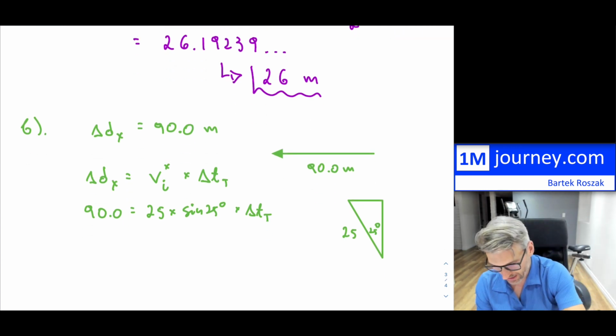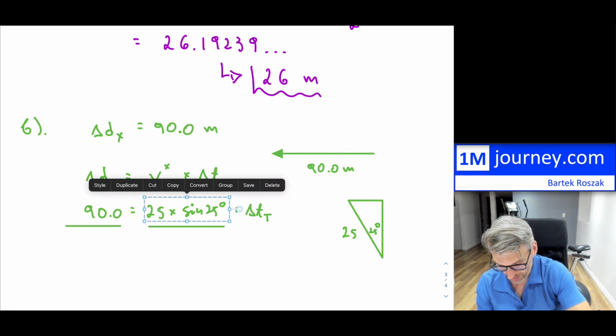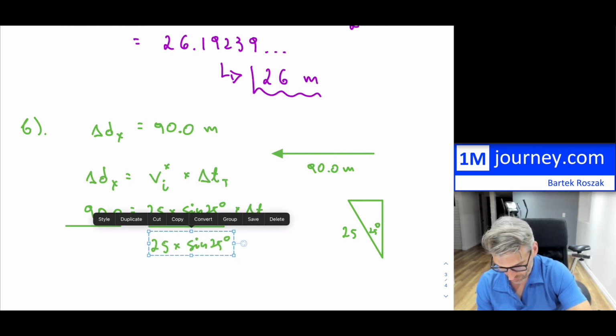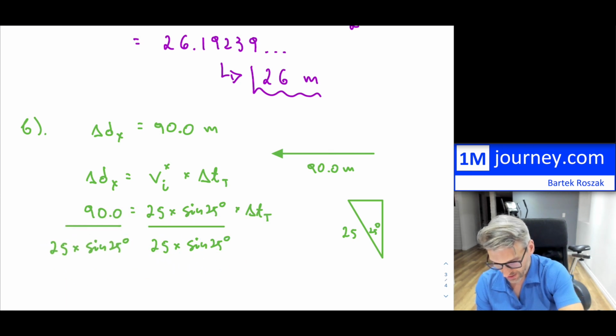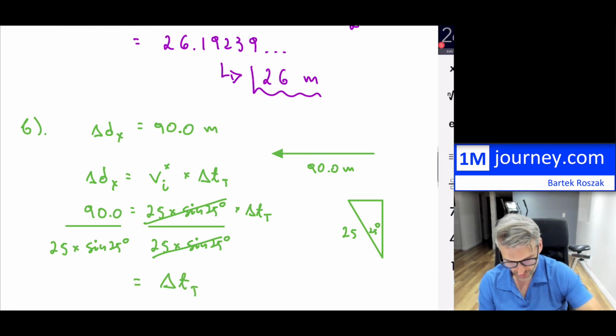So now dividing both sides, if I divide both sides right here, this is just by this. You can compute this if you wanted to. So that will get rid of that. That's gone, and that will just leave me the delta t. So here we go.